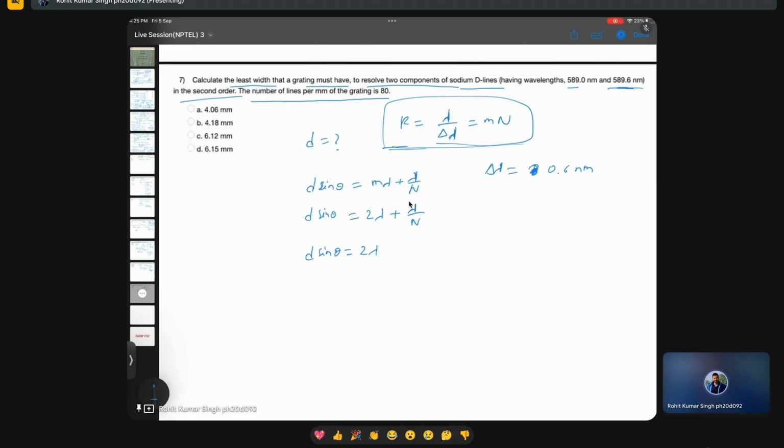So this is lambda plus delta lambda, right? Now how do you solve this equation to find d? Because if you subtract them they get cancelled, right? It is not that simple.